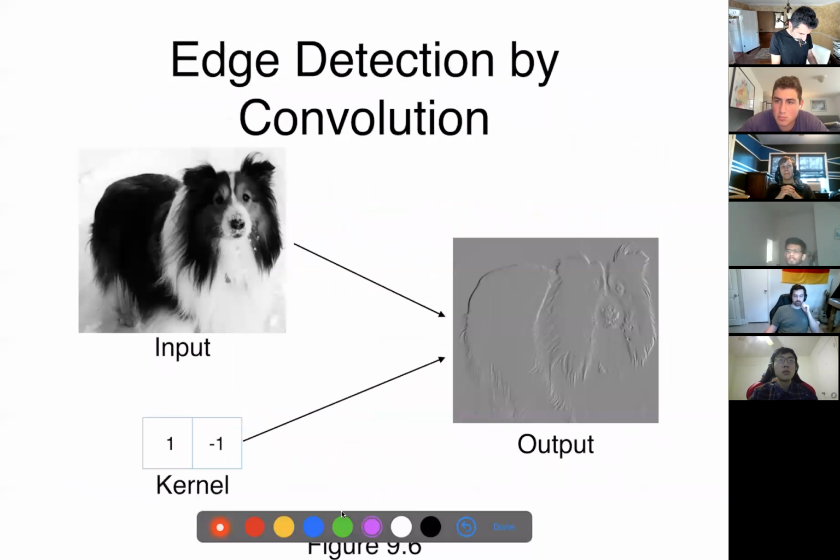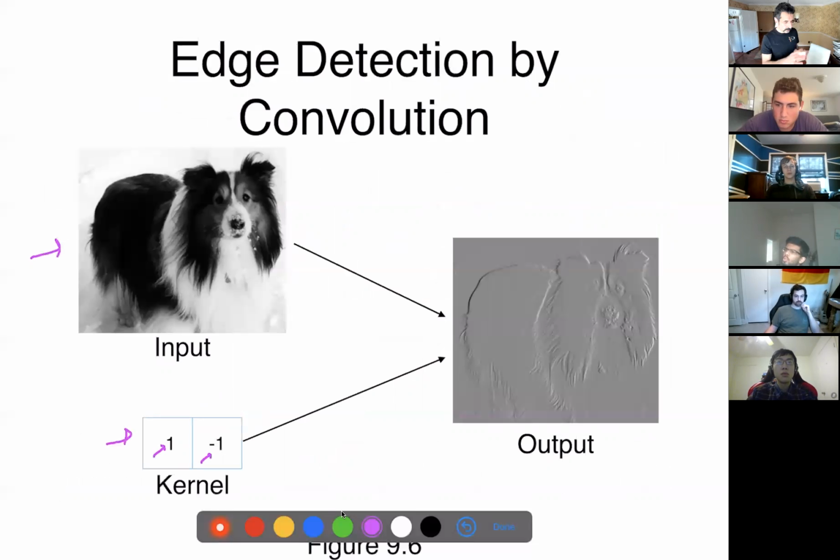So for example, think about this kernel, and this is your input. Imagine the kernel is 1, -1, for detecting where the edges are.